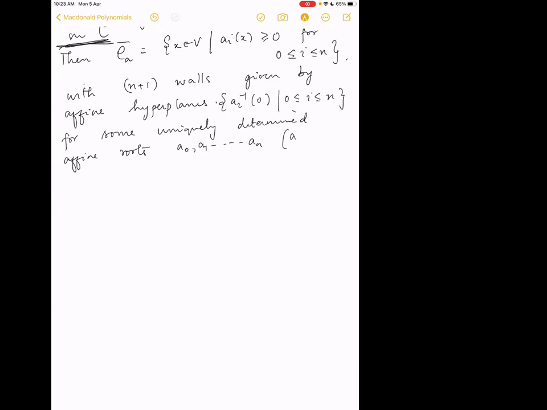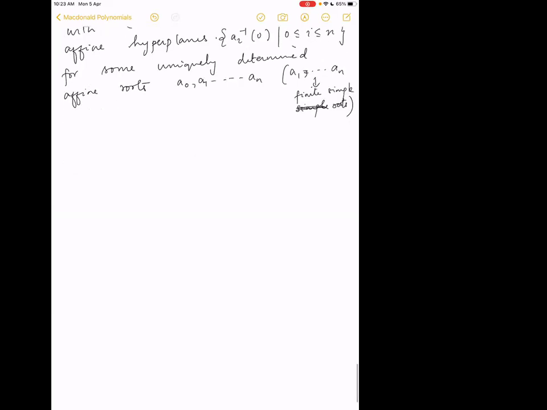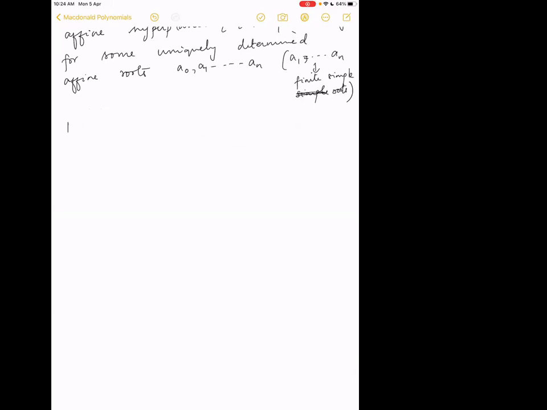Here the notation I'm using is A1 through AN are my finite simple roots, which form the walls of the Weyl chamber that they determine. And these AIs are called affine simple roots.